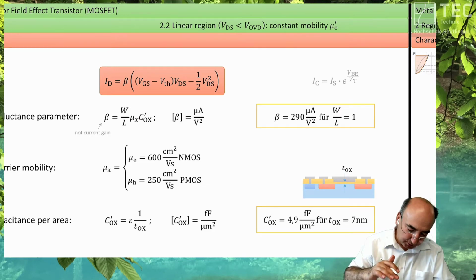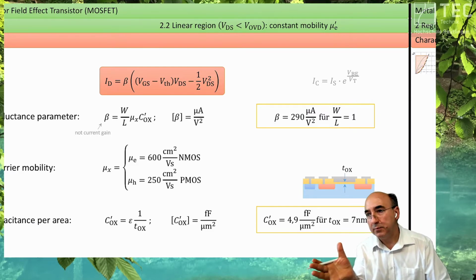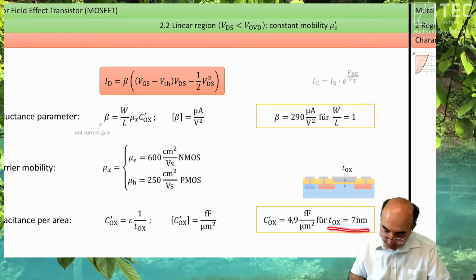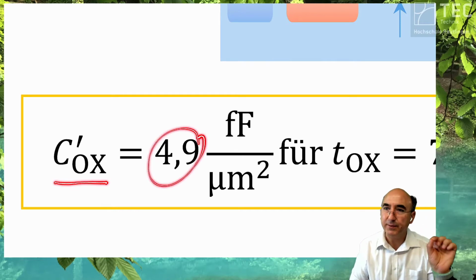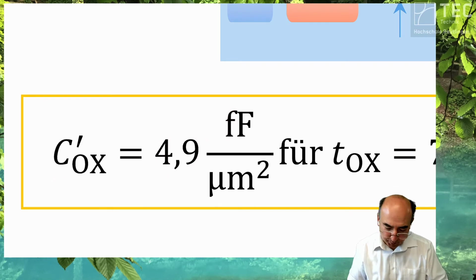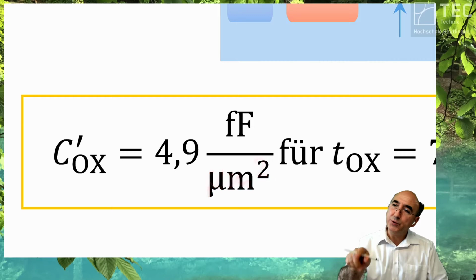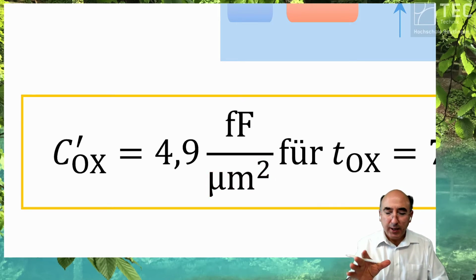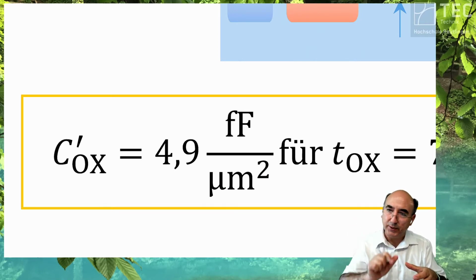Epsilon r is the one of the silicon oxide, so it is roughly 3.9, and the typical thickness is 7 nanometers. So you get an oxide capacitance of roughly 5 femtofarad per square micrometer. So now you know by heart what capacitance you get after your design is finished.